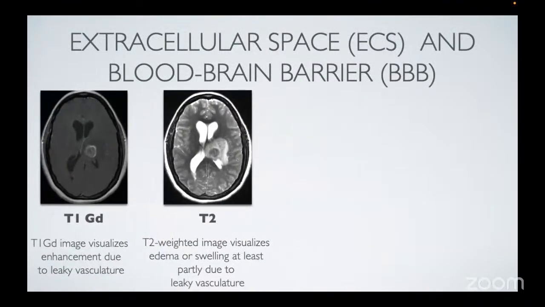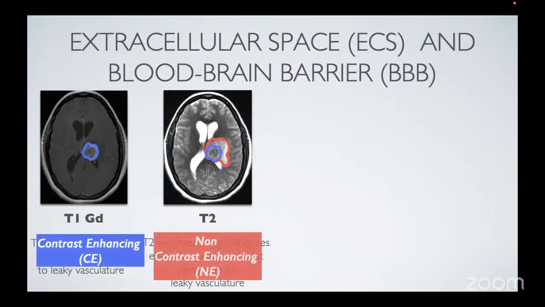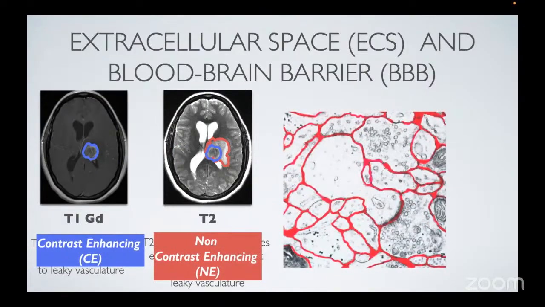These two image types form the basis for a lot of our ability to diagnose. You can see these two regions overlap. Again, T1 GAD is referred to as contrast enhancing, T2 is the non-enhancing area.